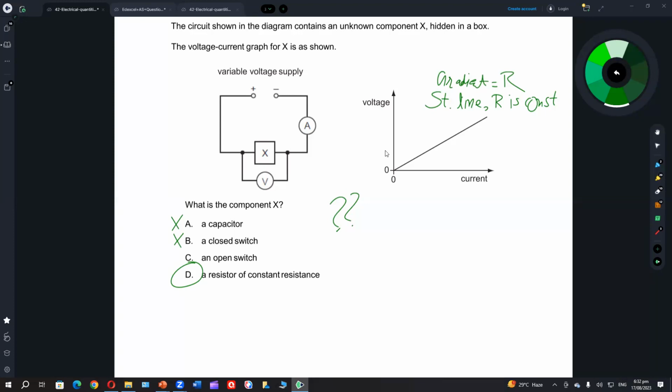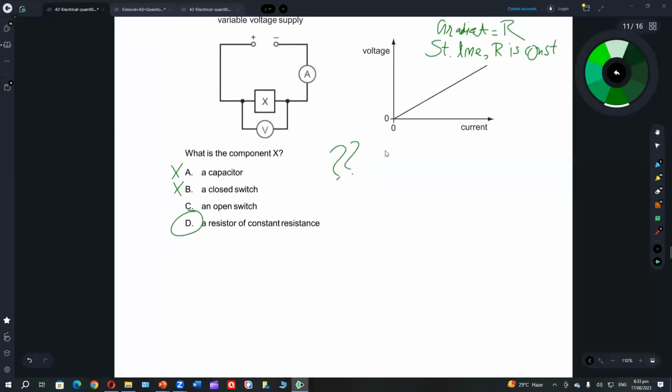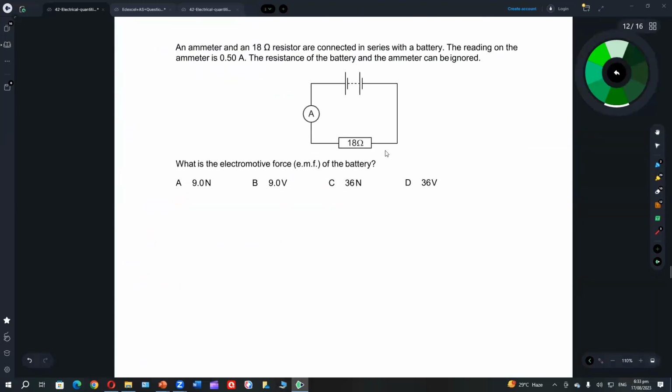A resistor of constant resistance. Why is it a constant resistance? Because it is a straight line, and a straight line has constant resistance, constant gradient.